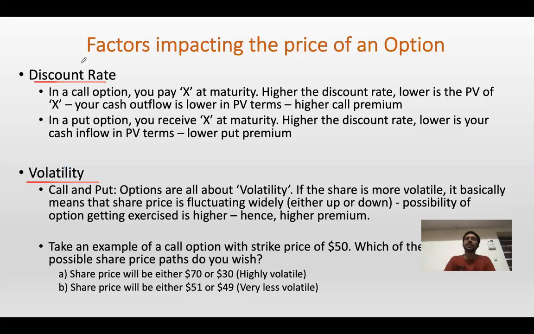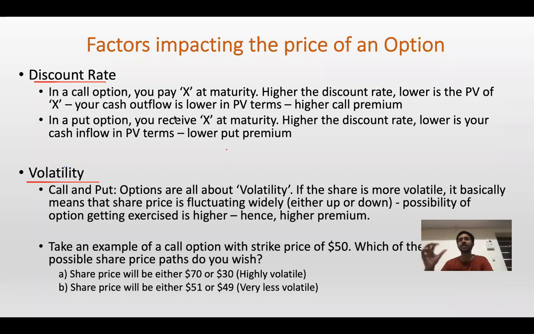In case of a put option, the theoretical definition is it's a right to receive the exercise price on maturity. So you deliver a share and you receive the strike price of 400, right?